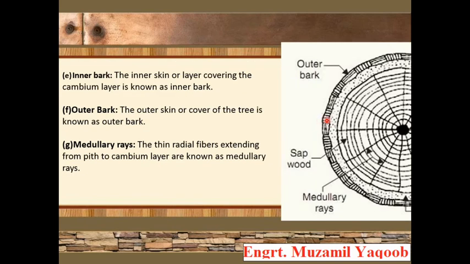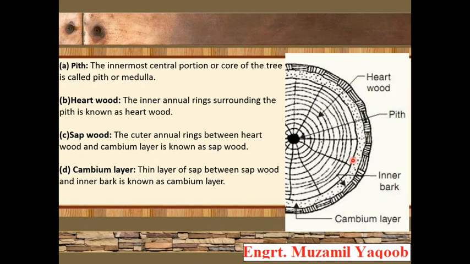Over here you can see the area, the annual rings between the heartwood and the cambium layer, is known as sapwood. Then comes the cambium layer. So what is the cambium layer?